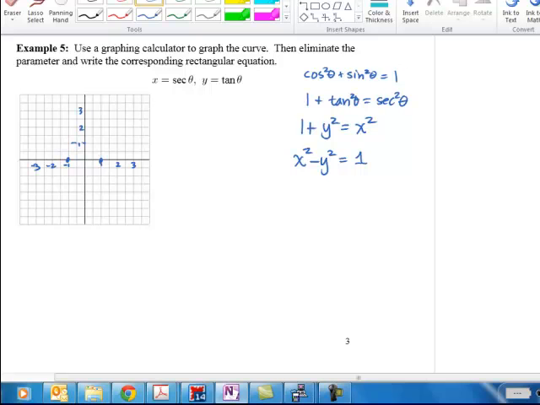We can sketch our central box here, and put in our asymptotes, connecting the corners of that central box. And then we can get a graph of this thing.